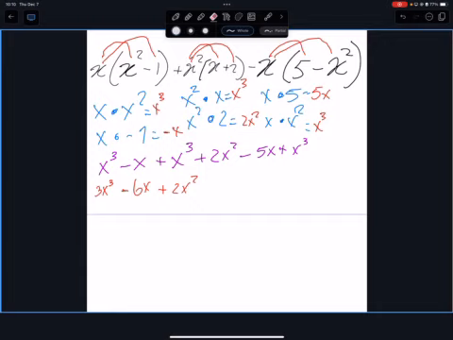Let's go. That is the answer. Only when you multiply the exponent changes, like x3 plus x3 stays x3. It doesn't become x6. Yes, correct.